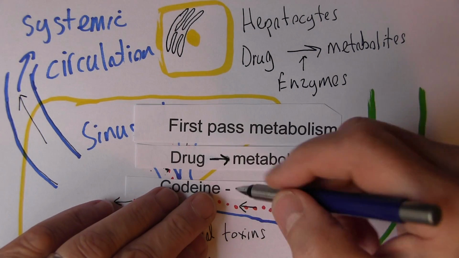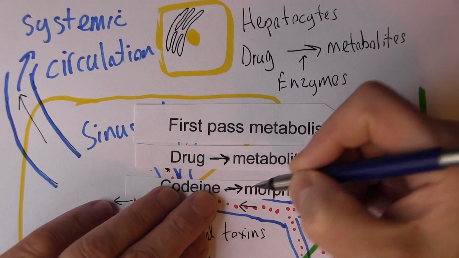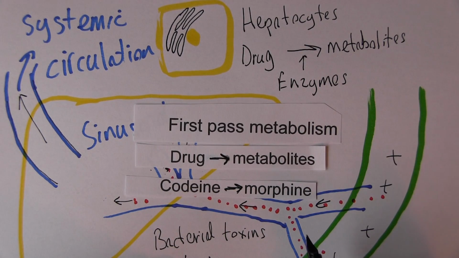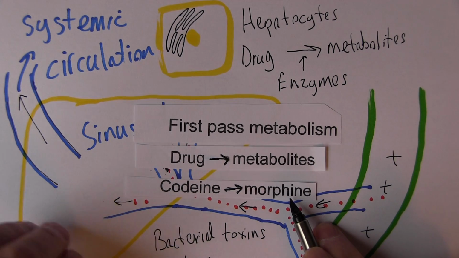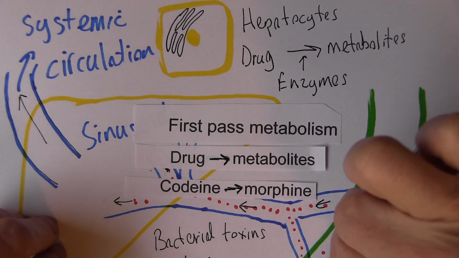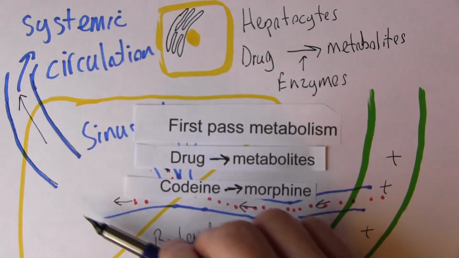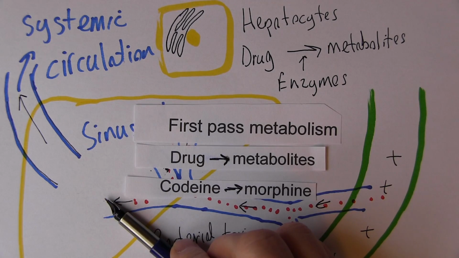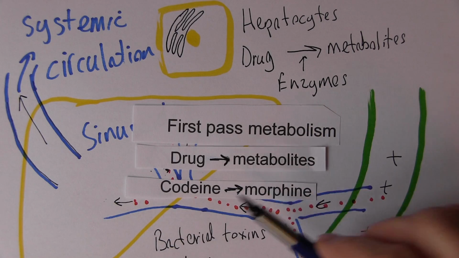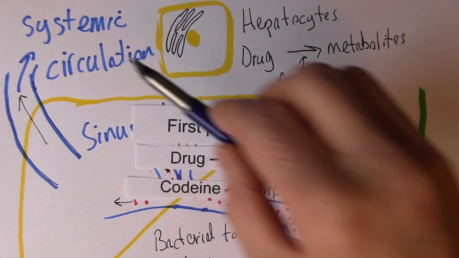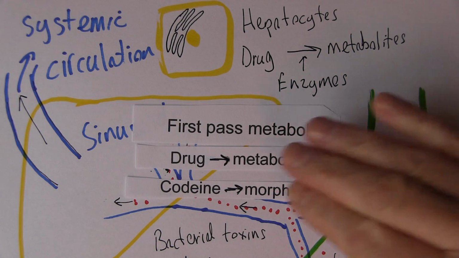So codeine, as far as I know, is not an active analgesic, but when the codeine goes through the liver, the codeine is converted to morphine. So when you ingest codeine, the metabolites produced by the action of hepatic enzymes in the liver hepatocytes are going to convert that codeine into morphine. And of course, as we know, morphine is highly analgesic.